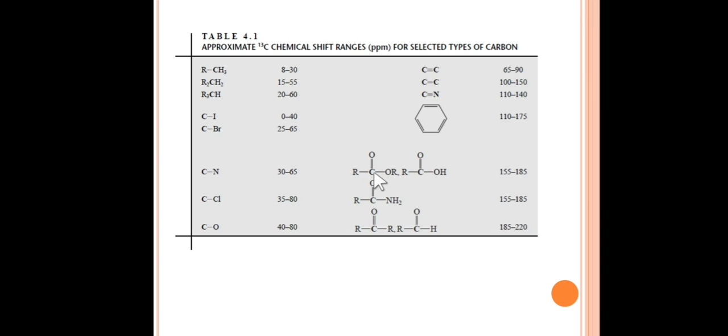Then esters and acids are around 150 to 185, amides around 155 to 185, and aldehydes and ketones are the most deshielded carbons in C13 NMR spectroscopy. They come around 185 to 220. So these are the general values you need to remember.